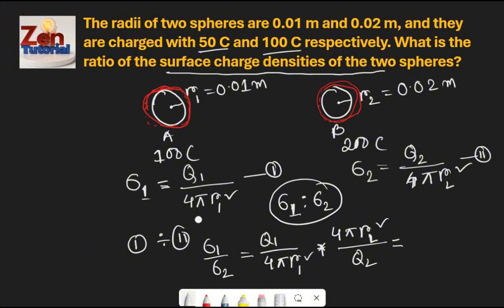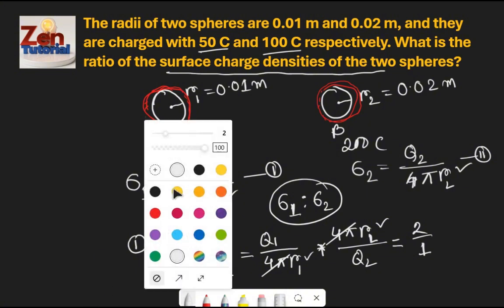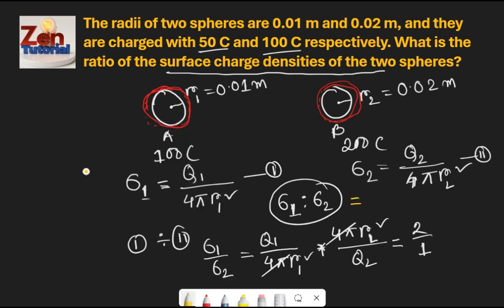If we plug in all these values, before that we could cancel out this 2 and q1 is 100 and q2 is 200, right? By the way, if we calculate, we have the result 2 over 1. As a result, the surface charge density ratio sigma 1 to sigma 2 will be 2 is to 1. This is the answer.